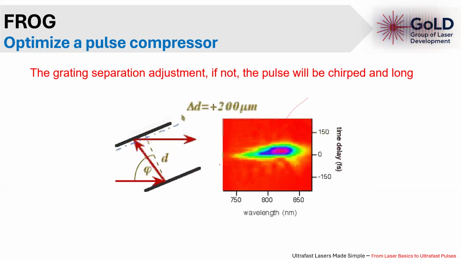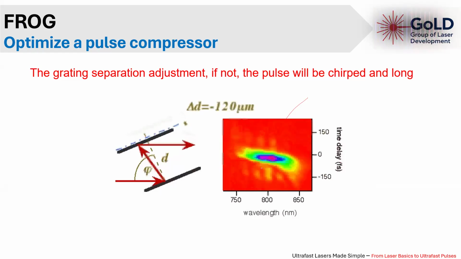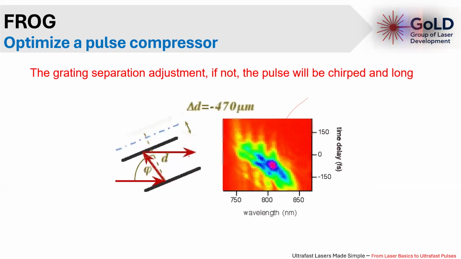You can see the separation is decreasing, and you can see the difference in the shape. So from here, we can guess at which value of the grating separation the image is much smoother and kind of unchirped.